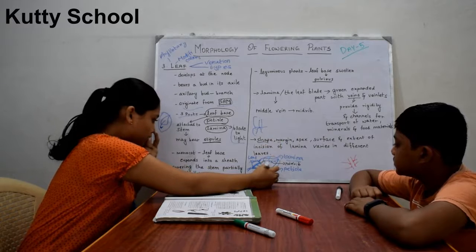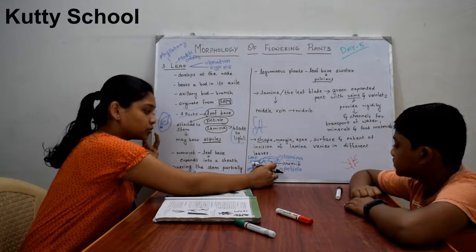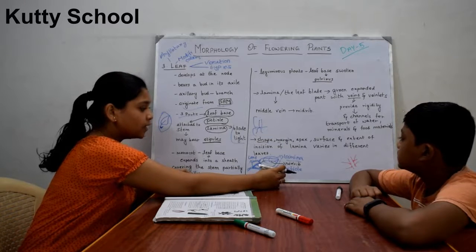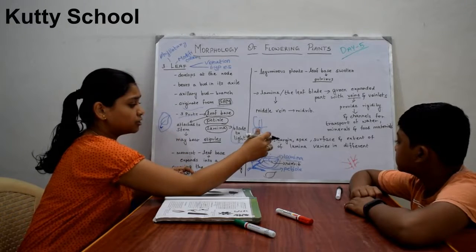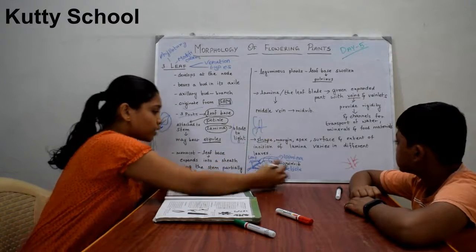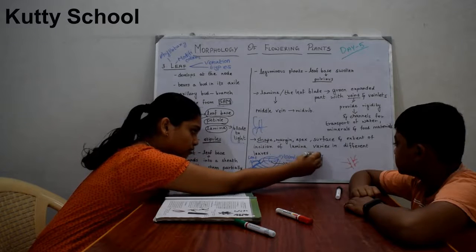In some plants the leaf will be small and have less surface, and some plants will have large surface. So surface also differs. And extent of incision of lamina is nothing but how far the lamina is cut inward. If this is the lamina, this one is known as the leaf lamina.